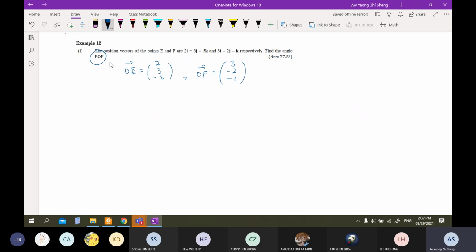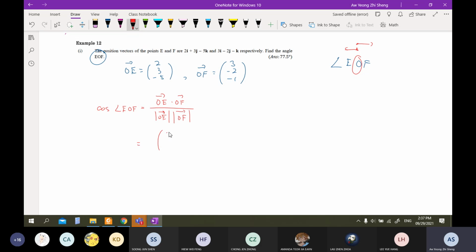From the name of the angle, even without visualizing any diagram, you know what the two appropriate vectors to get are. You start from the middle, O towards E, O towards F. This is guaranteed to be diverging from the angle that you want. So you will need OE and OF, which in this case is already provided. So let's just find cos of angle EOF is OE dot OF divided by length of OE, length of OF.